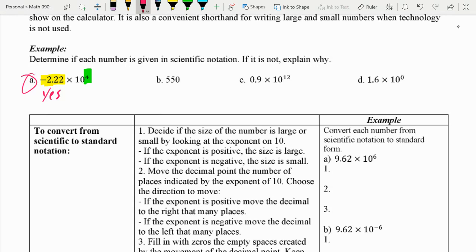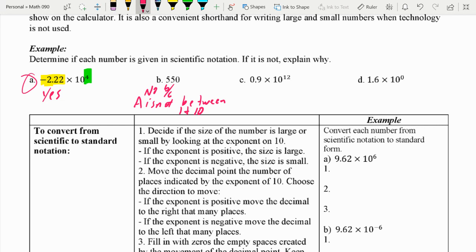What about B? No, because it's not set up in scientific notation at all. A is not between 1 and 10.